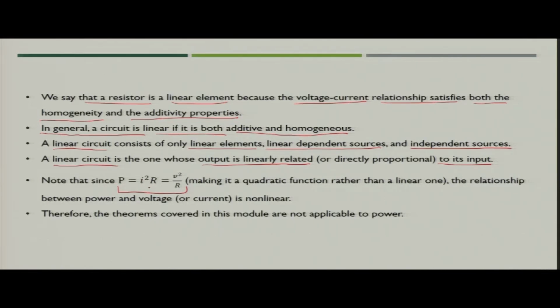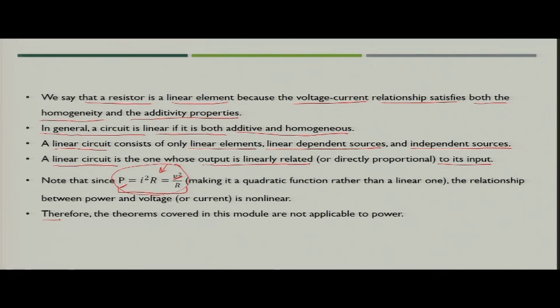They will follow a relationship like P is either I squared R or V squared over R. Now, if you see this particular equation, the relationship between voltage and power is not linear. So, in that case you cannot apply the homogeneity and additivity properties for getting the power across the resistor, because these are not linearly related.